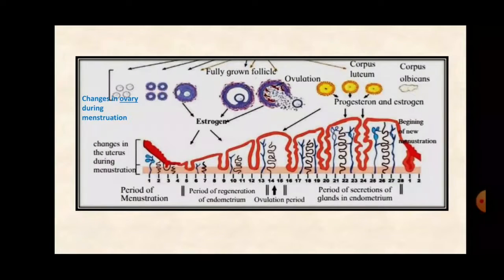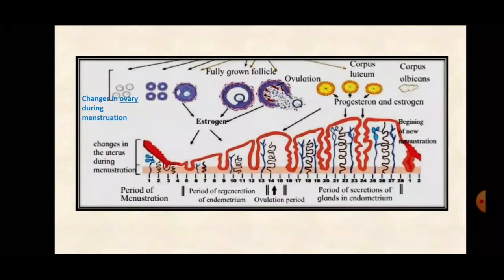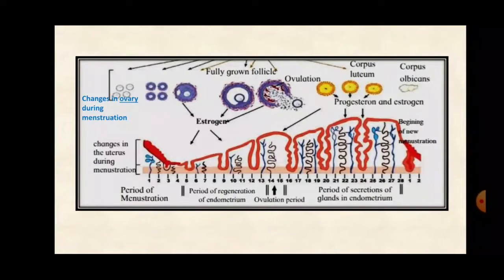Now the follicle has developed in the fourth purple circular structure. It is shown that the follicle has completely developed, and the oocyte inside has also developed. So the estrogen secretion now gradually stops.